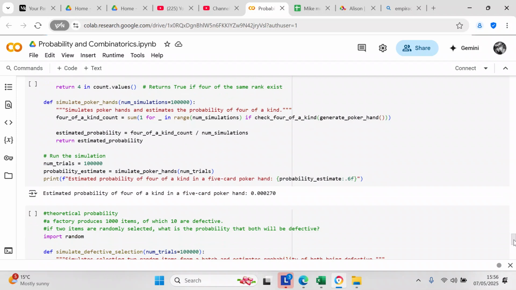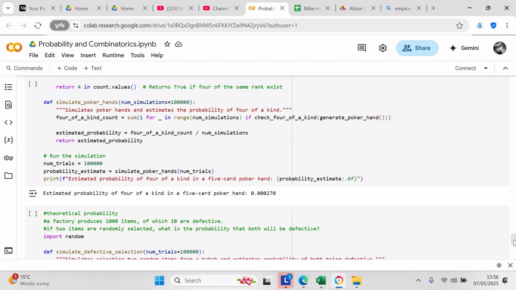And then we're going to simulate poker hands and estimate the probability of 4 of a kind. 4 of a kind count equals sum(1 for _ in range(num_simulations) if check_4_of_a_kind(generate_poker_hand())). Estimated probability equals 4 of a kind count divided by num_simulations, return estimated probability. Then you run the simulation.